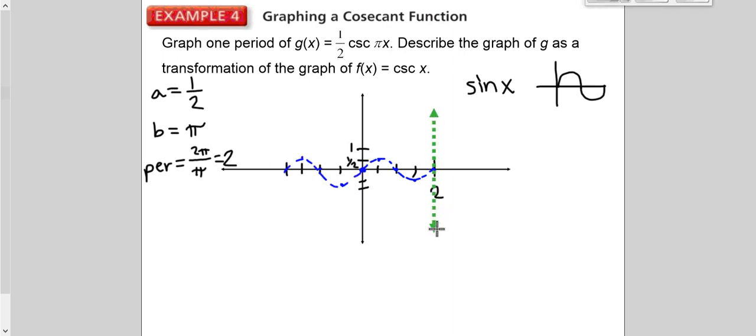Draw your asymptotes. Your asymptotes go wherever that sine curve crosses the x-axis, because division by 0 is undefined.